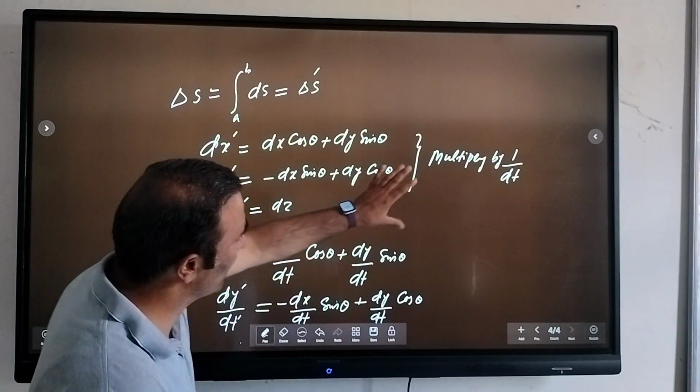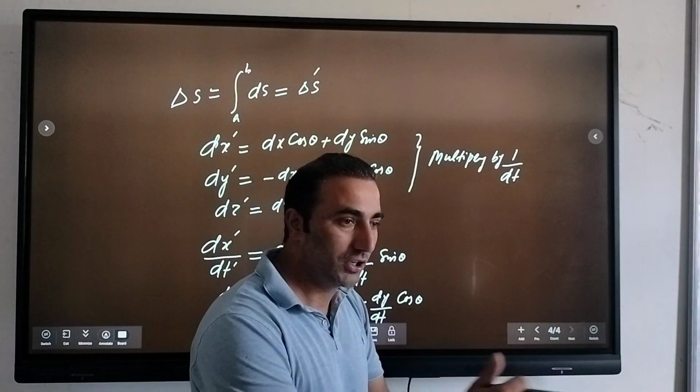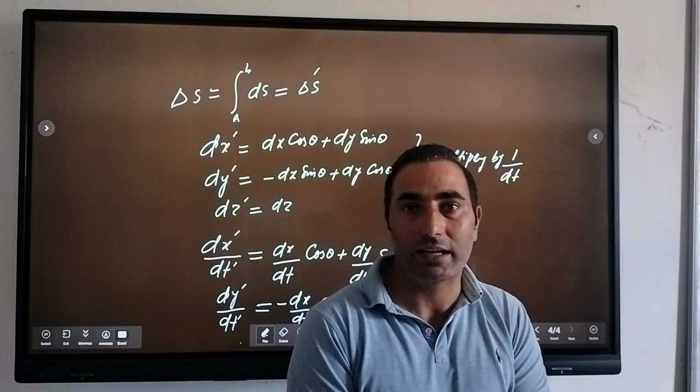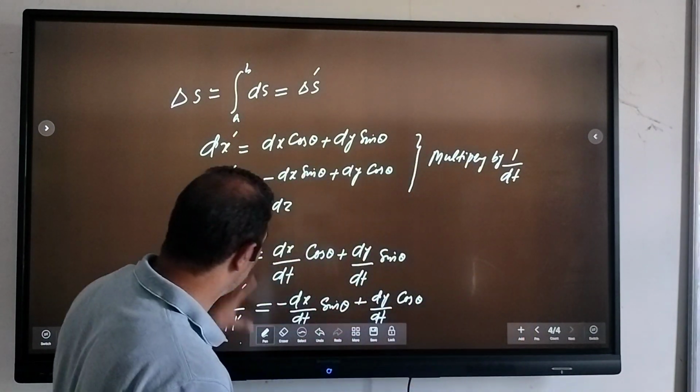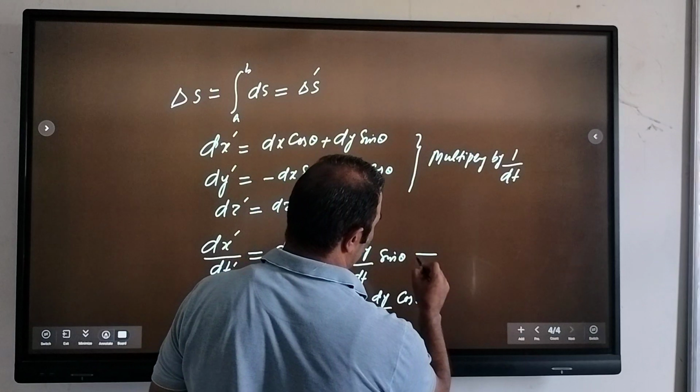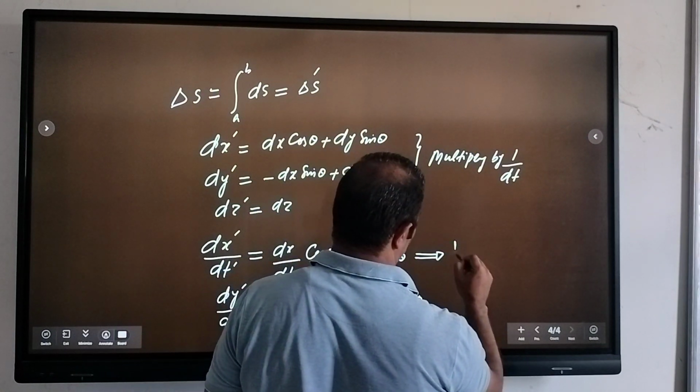So you can write similarly for dz. No need to write, because our motion you are talking about is only in that xy plane, right? So that means this gives us, if you derive this term, this will be equal to vx prime.